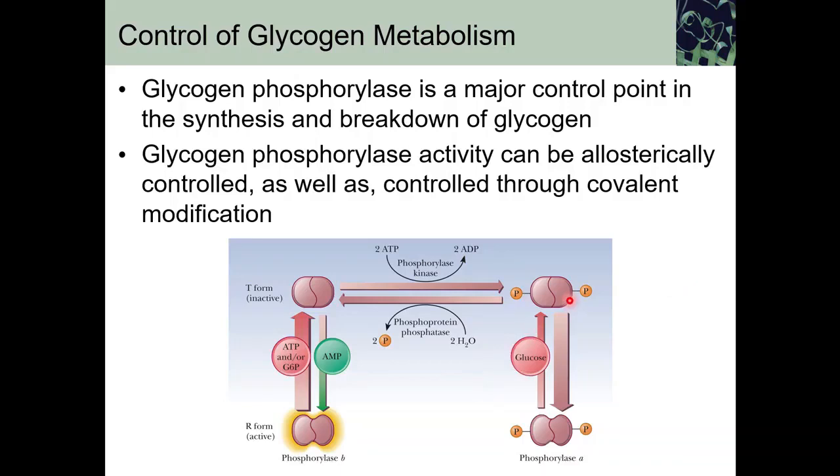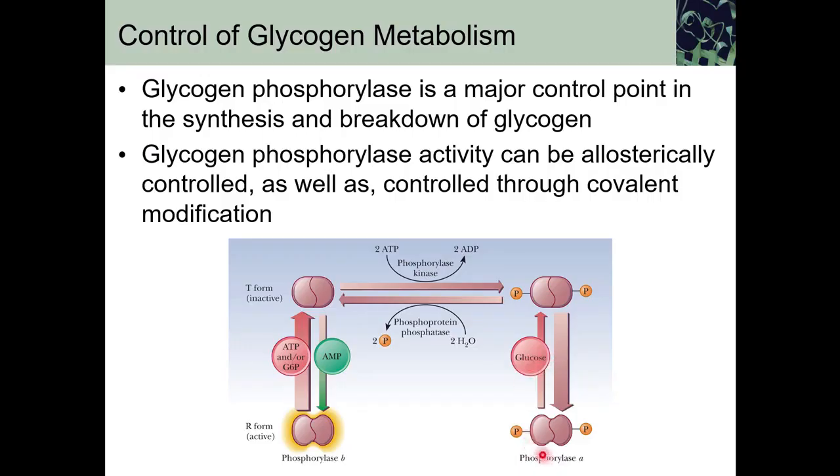Okay, so let's go back to what happens in the liver. In the liver, glucose is an allosteric inhibitor of phosphorylase A. Look at that.